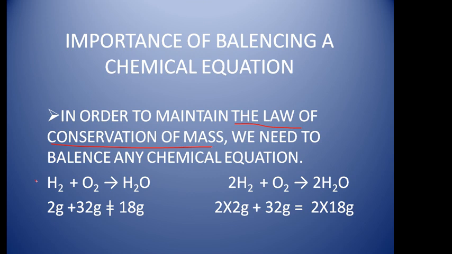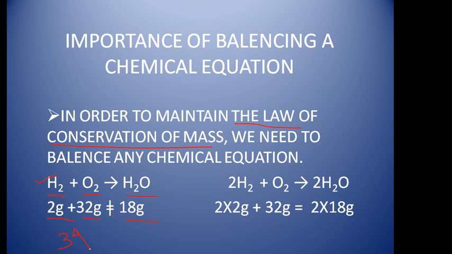If you consider this unbalanced chemical equation, you see hydrogen, the molar mass is 2 gram here. Oxygen 2 into 16, you know, so 32. For H2O, for hydrogen 1 into 2 plus 16, so it is 18 gram. So you see in the reactant side the total mass is 2 gram plus 32 gram, that is 34 gram here.